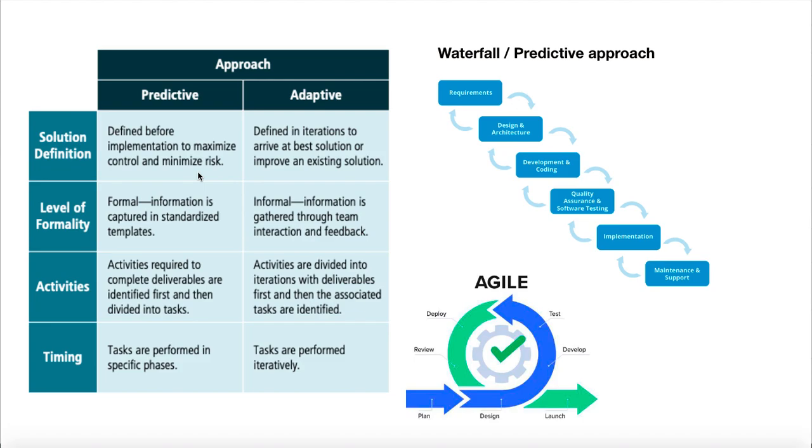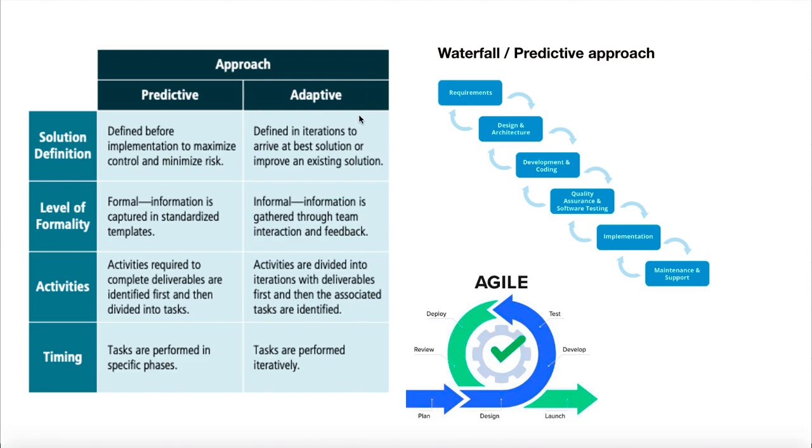So the entire solution end to end needs to be defined before implementation since it's predictive and it follows a phase by phase approach. So first the requirements are completed, then you complete the next phase, the design and architecture, followed by the development and coding, then quality assurance and software testing, followed by the implementation, and then you have the maintenance and support.